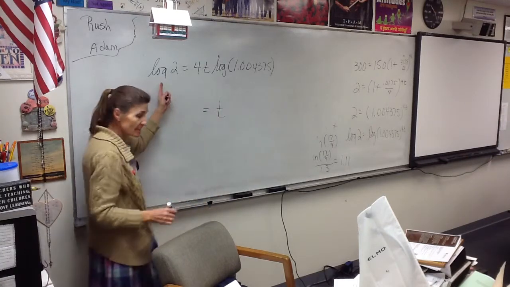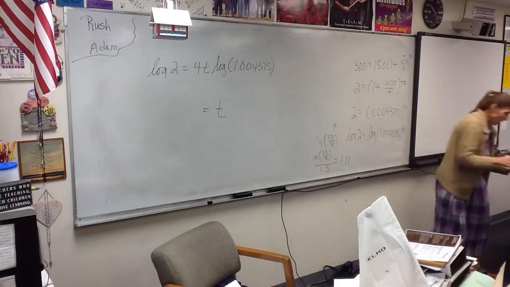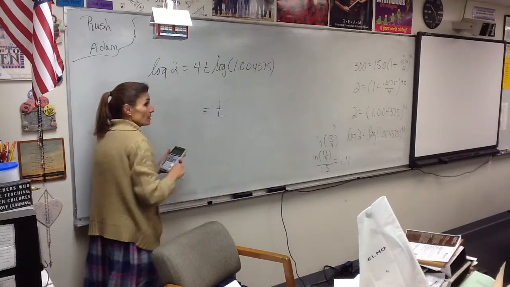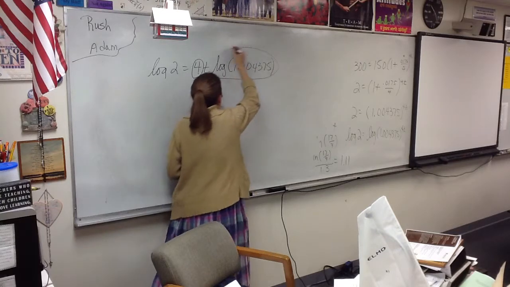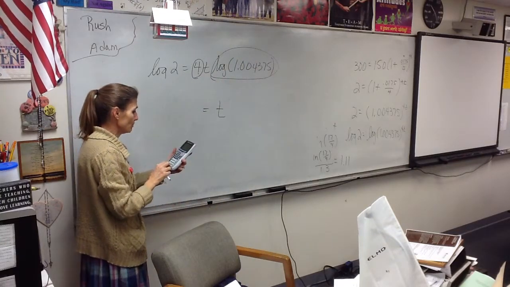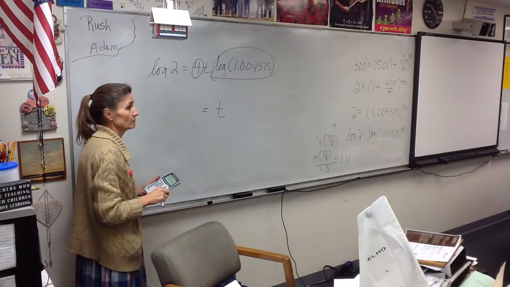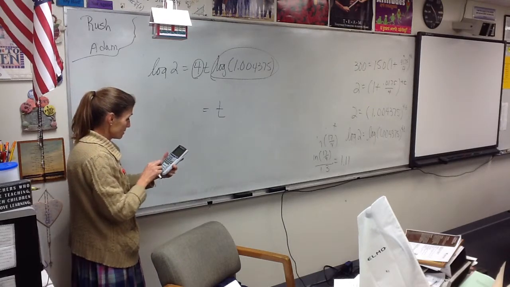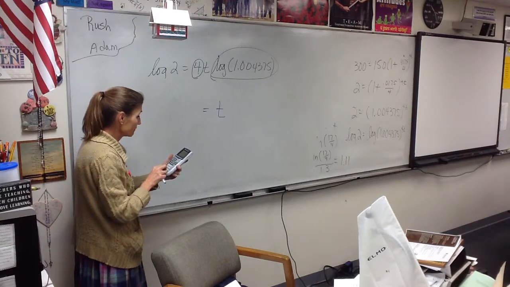So I'm going to have to take the log of 2 and do what with it? How am I going to get t by itself? You're going to have to divide by the log. I'm going to have to divide by this number and by this number, right? So I'm going to take the log of 2 and divide it by 4 and hit equals. And then I'm going to divide it by the log of 1.004375.